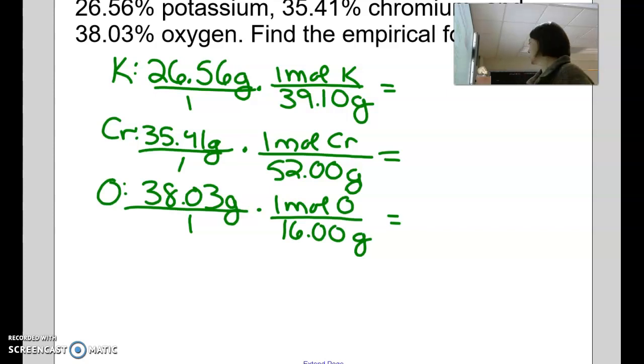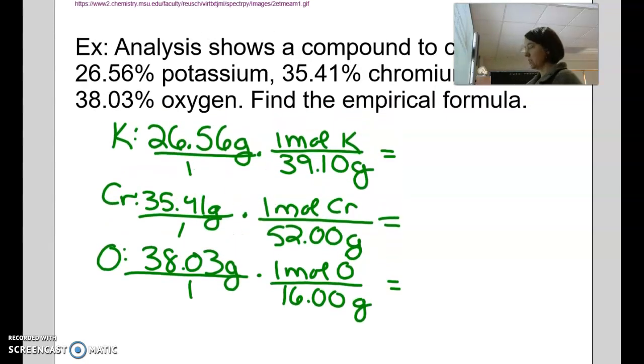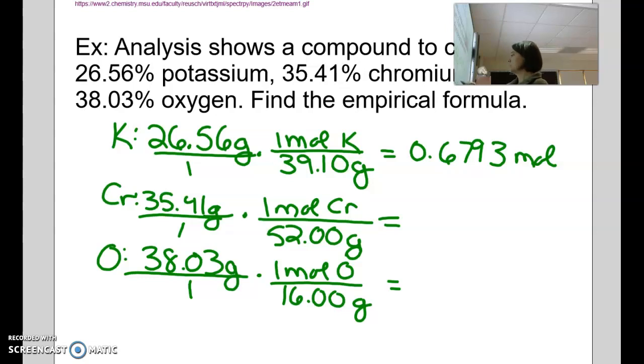So how many moles of potassium? And we're going to do 4 sig figs. 0.6793 moles. And then chromium, 35.41 divided by 52 equals 0.68096.